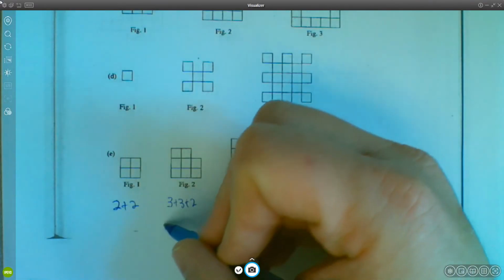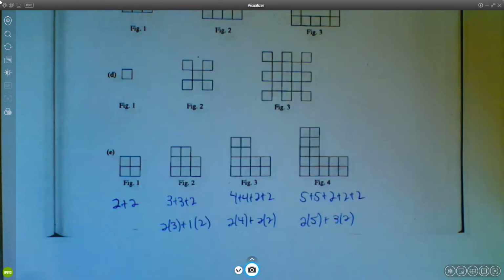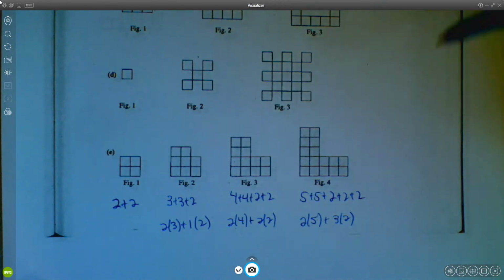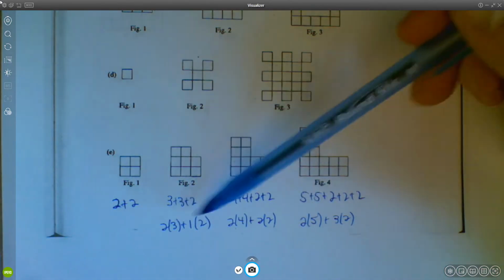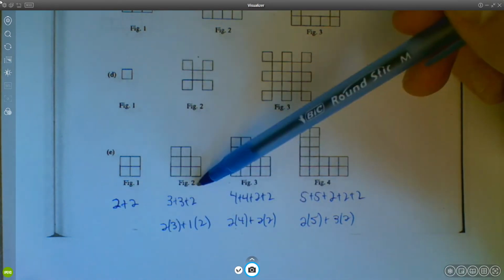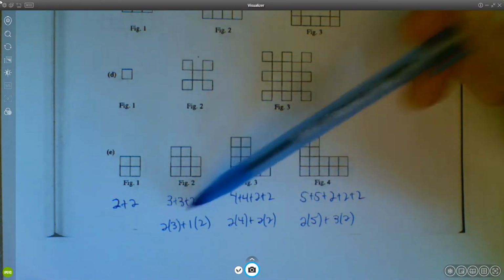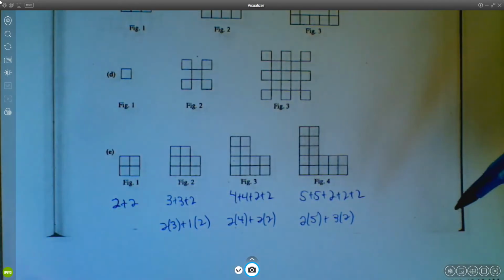And this one 2 times 3 and then 1 times 2. If I do that, I notice a pattern now. The first number is always a 2. The second number is not the figure number, but it's 1 more than the figure number each time.